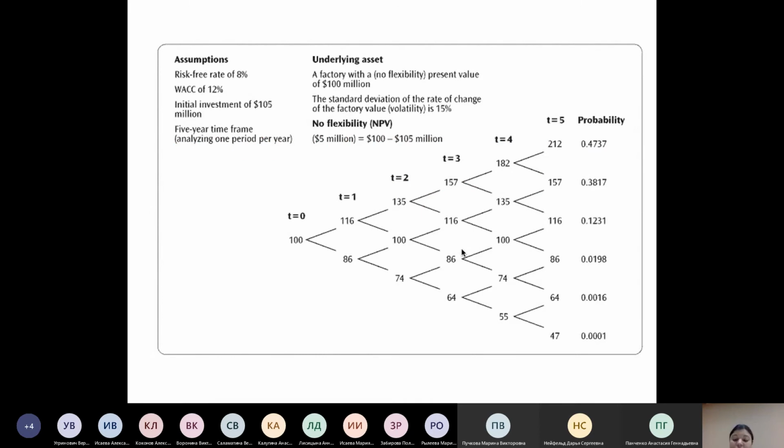This tree is called the event tree, built under the pressure of uncertainty, of standard deviation. And according to the rules, we have to check defined cells of this tree. Certainly, it's not necessary to check all points in this event tree, but 2 or 3 cells can be checked.